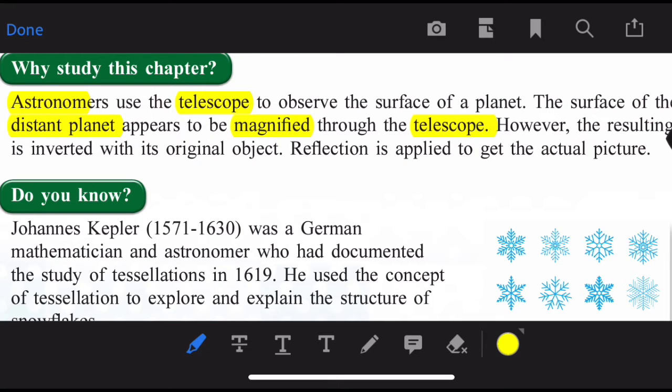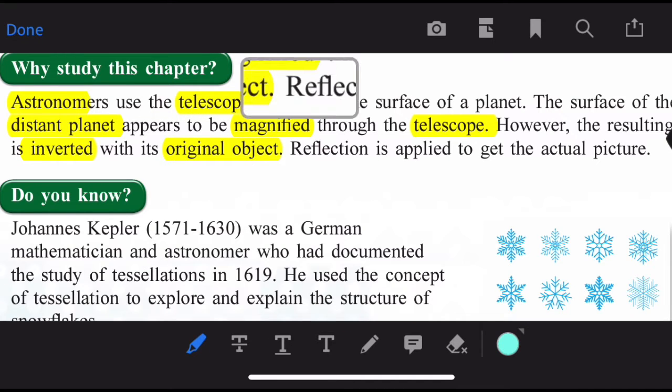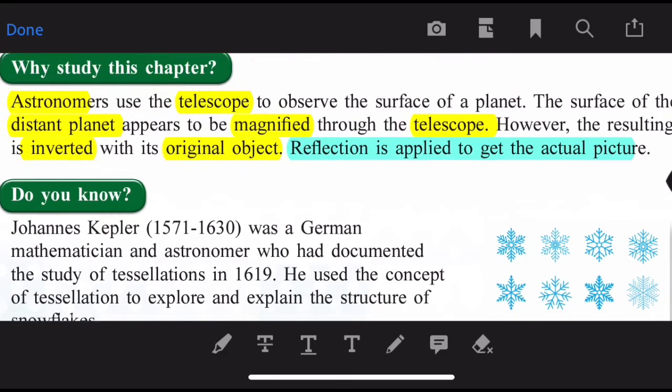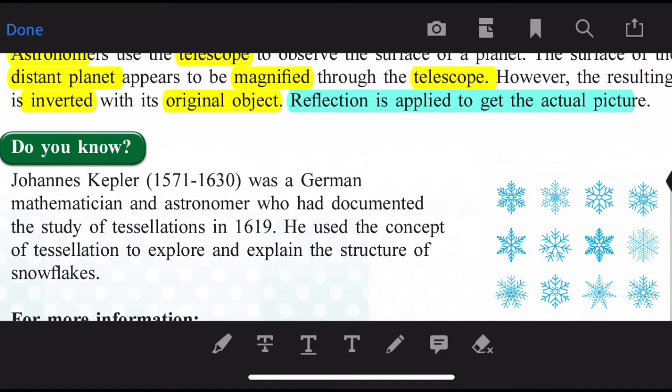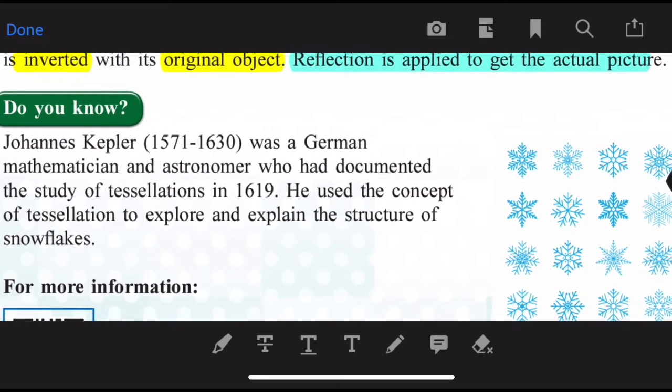Alright. However, the result is inverted with its original object. Refraction is applied to get the actual picture. Refraction, alright? This is actually the introduction, which mentions that enlargement and refraction are very important.